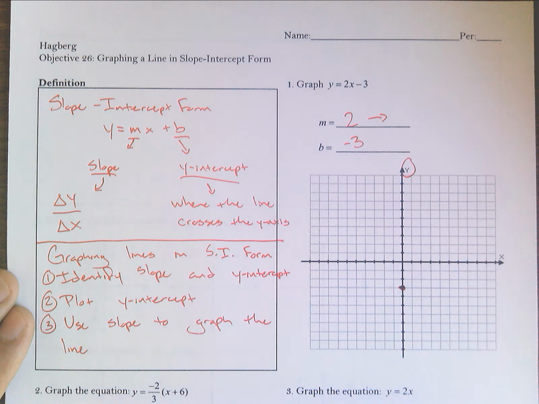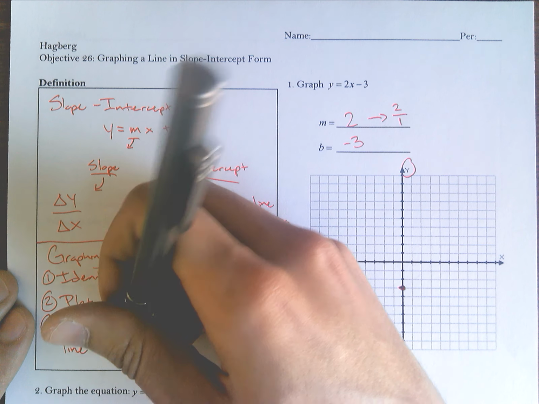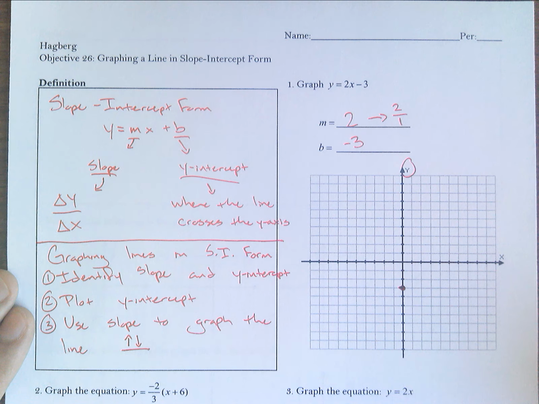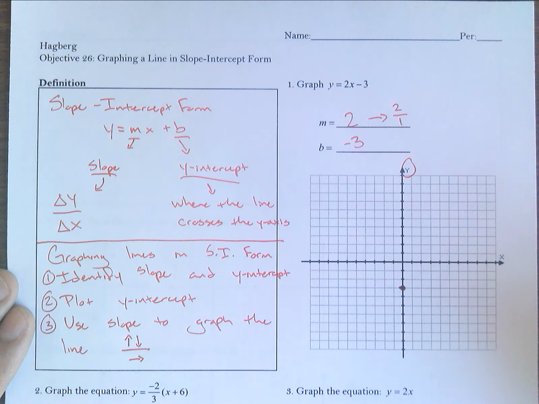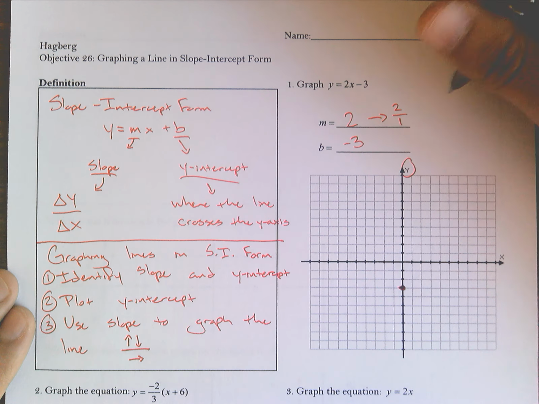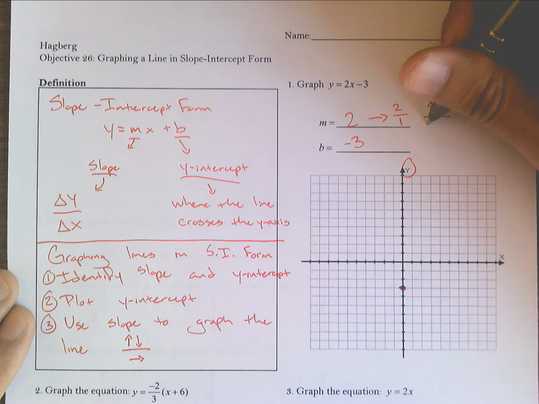So 2 as a fraction is 2 over 1. When we're using the slope, we can always think of the top number as telling us how far up or down to go, and the bottom number is always going to be right. We're always going to move right. So in this case, the top number is positive 2, so we're going to go up 2, and then we're going to go right 1.